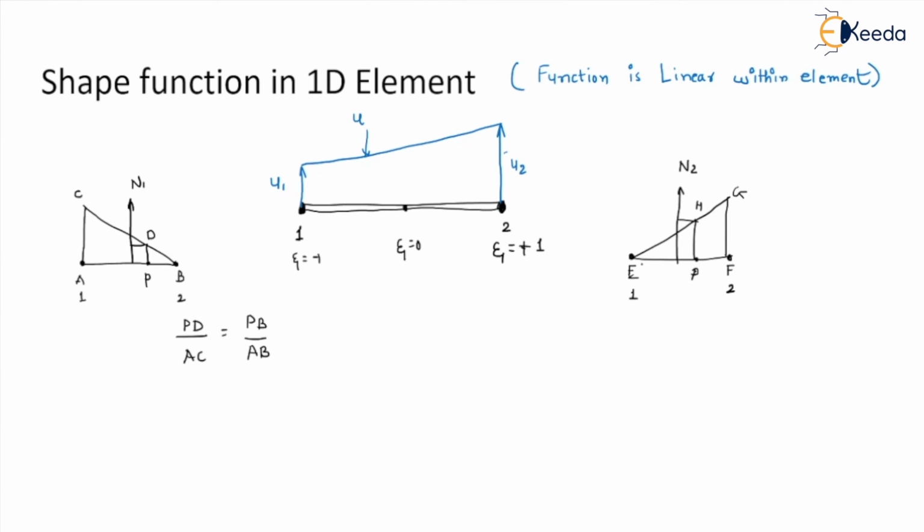Same for this, it is ph divided by ef and pf divided by ef. Here the value is unity, that is 1. Same for this triangle, it has value unity 1 here.